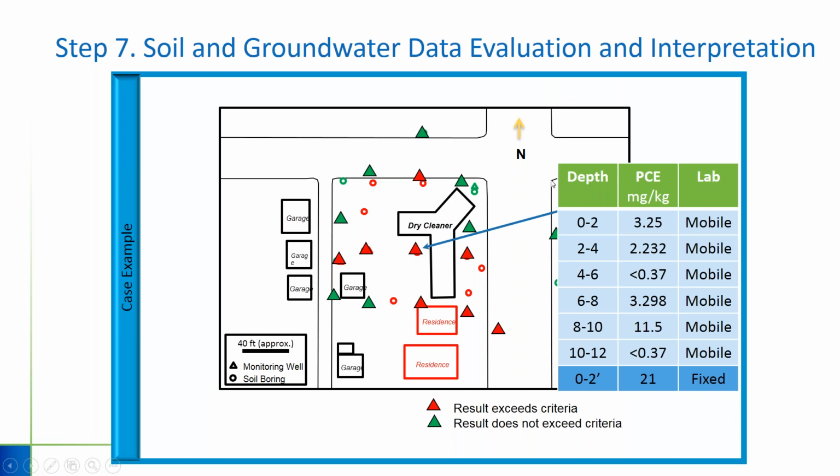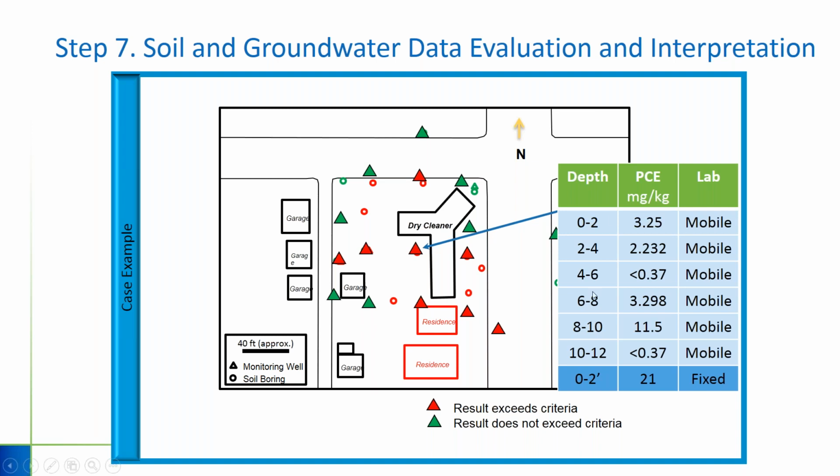Now, this is some example soil data. This is actually co-located. You can kind of see the circle behind it there. But I just want to show an example of what some of the data look like from the site. They were collecting soil samples every 2 feet in this case, using the mobile lab. So you can see there was quite a bit of variability. If we think back, the old data from the site were generated with a 5-foot interval, right?